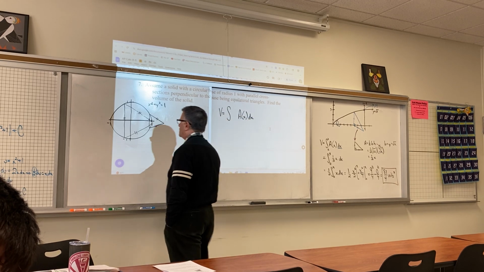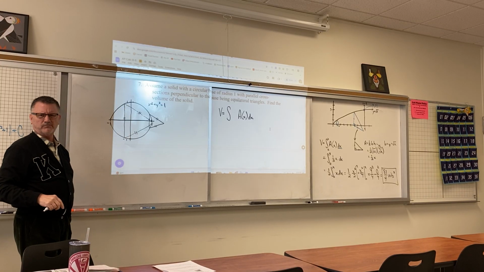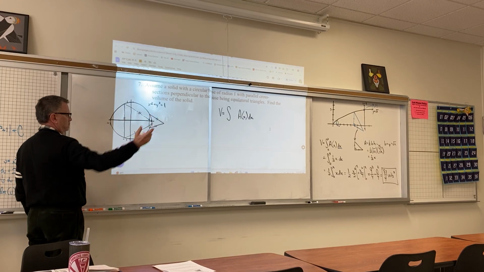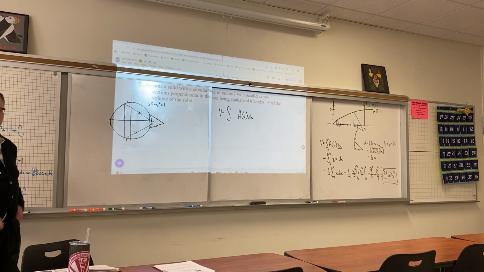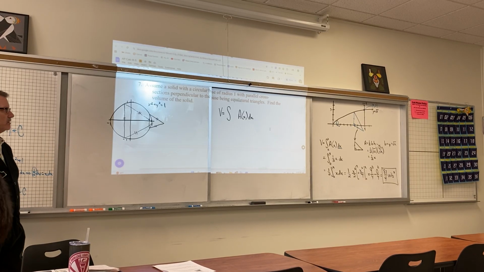I'm going to show you, it doesn't really matter. What if I built this going across the y-axis? Wouldn't it be the same shape? I just turn it 90 degrees. The triangles would be the same base and everything, so it doesn't matter on this particular one which way I go.